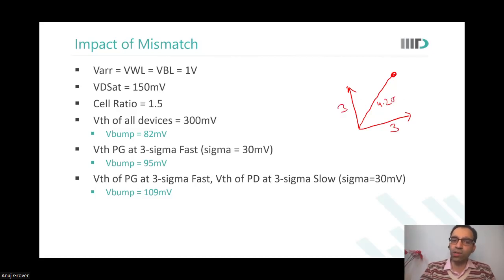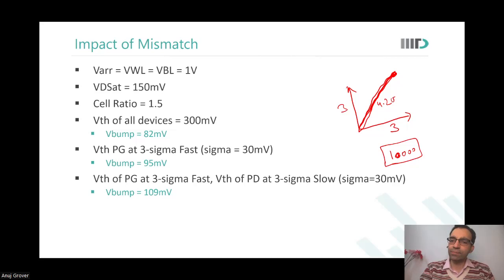Because in probability, these are independent variables, so they will be orthogonal to each other when we represent them on a graph. And the effective location of my memory cell would be around 4.2 sigma away. 4.2 sigma away means I'm talking about 10,000 memory cells or something like that order.